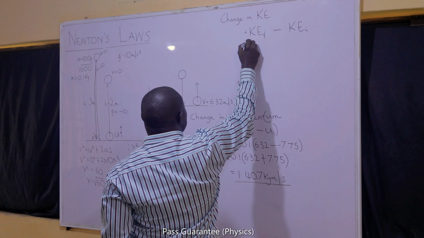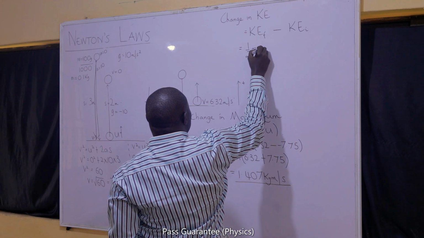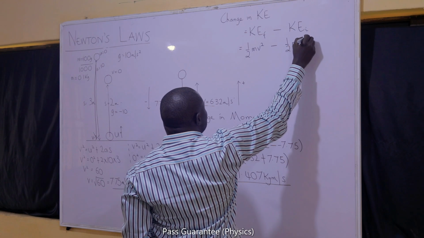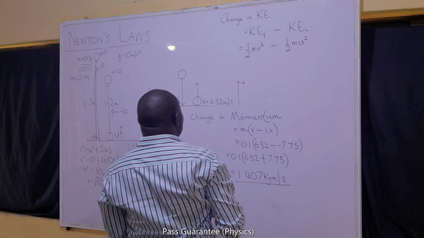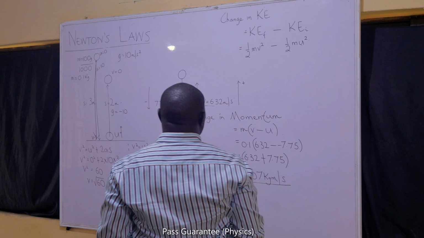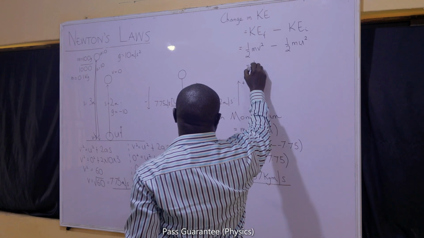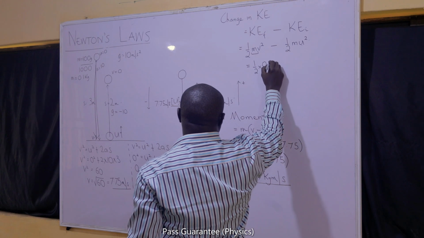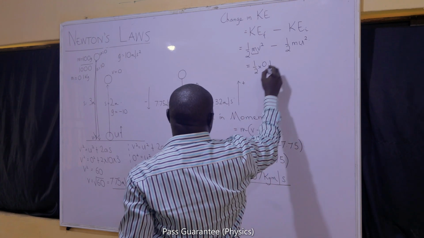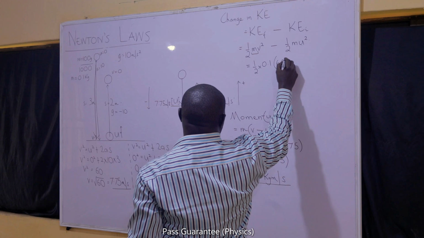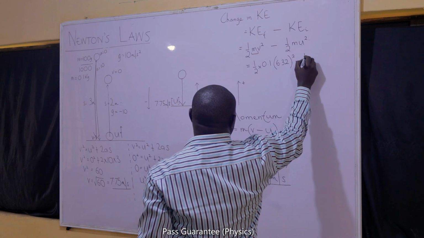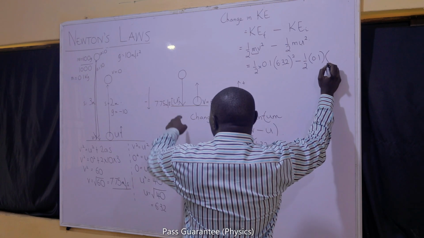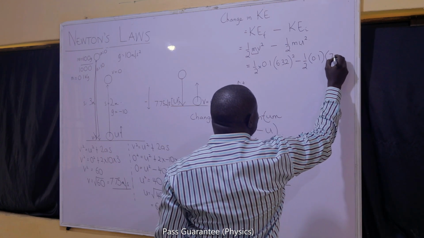So the final kinetic energy will be half mv squared. The initial kinetic energy will be half mu squared. I'm using u for the initial velocity before impact, and we can easily put that in. That is half times the mass 0.1, times the final velocity after impact, 6.32 squared, minus half times 0.1 multiplied by the initial velocity before impact, 7.75.